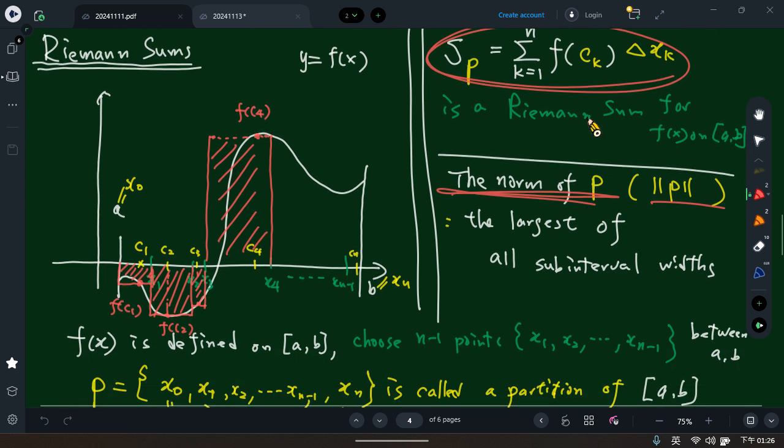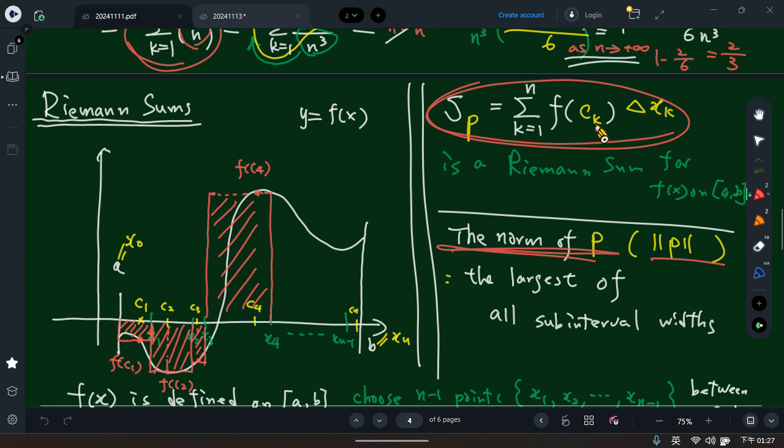So you can just imagine that if the partition is different, the corresponding Riemann sum will also be different, right? Because the partition can be very, very random, and especially c1 to cn can also be very random. So based on this P, based on the c, we can have a different Riemann sum.